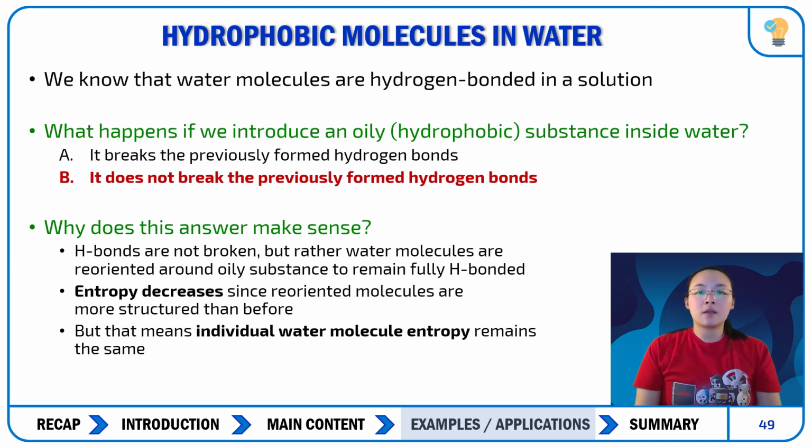So the idea is that your entropy is going to decrease for your collection of water molecules. But from before, I always said that the system, or any isolated system, will always tend towards a state of higher entropy. So although it might be counterintuitive right now, the key phrase here is isolated system.